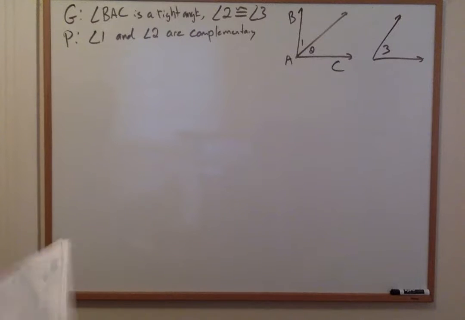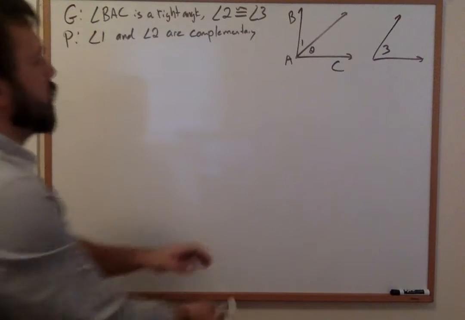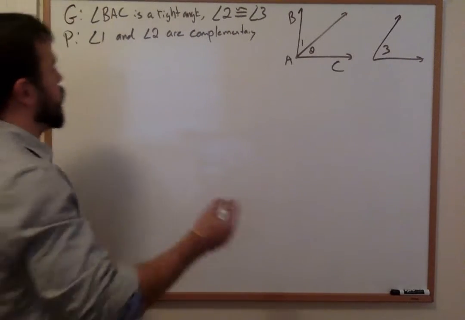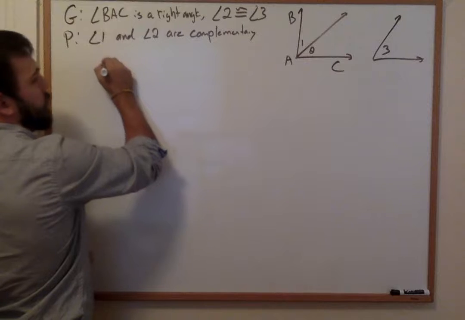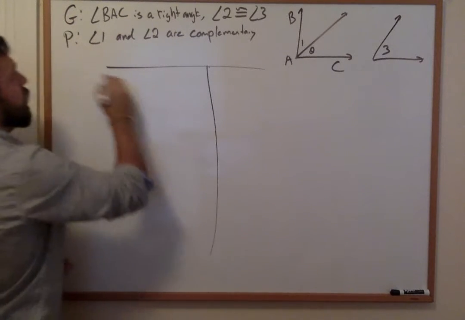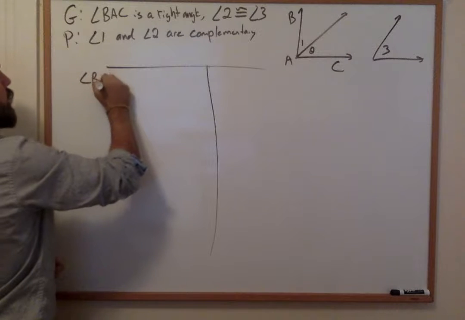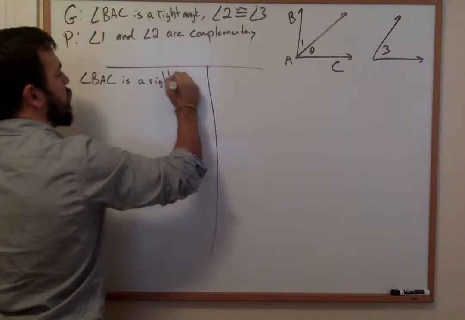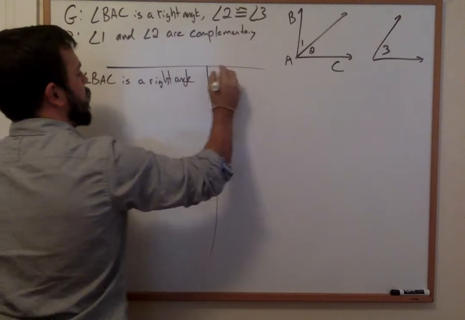It's 8 steps. So, let's go through it. First step, put down our first given. Okay, so our first given, over here. We have angle BAC is a right angle. That's our given.